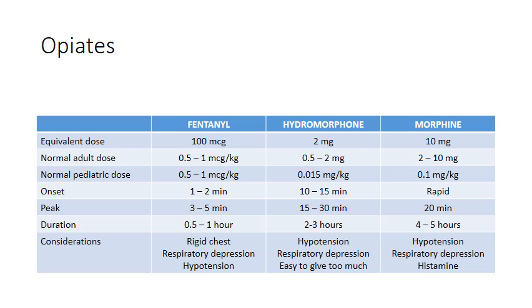The last thing that I threw in the fentanyl considerations is rigid chest. If you give fentanyl too quickly, so you administer it too quickly into the IV, you can get this rigid chest, and what basically happens is the muscles become rigid, and so you cannot breathe with rigid intercostal muscles, and so your patient might become apneic.